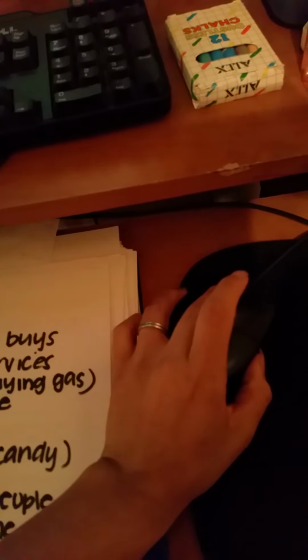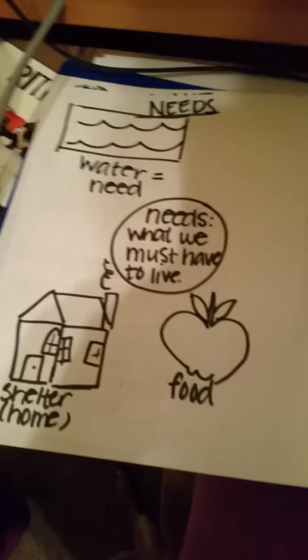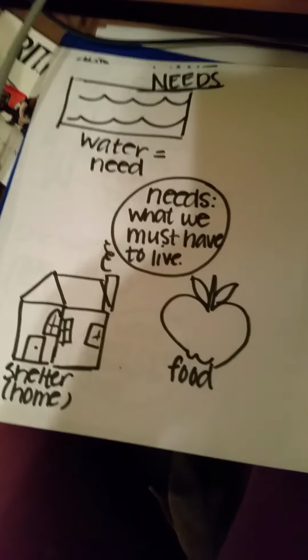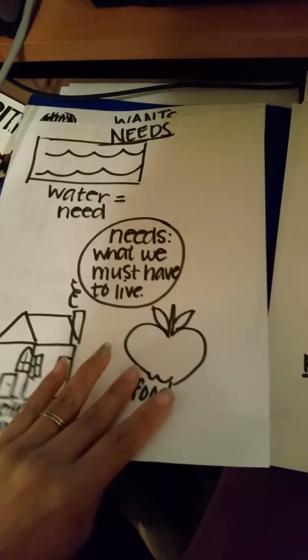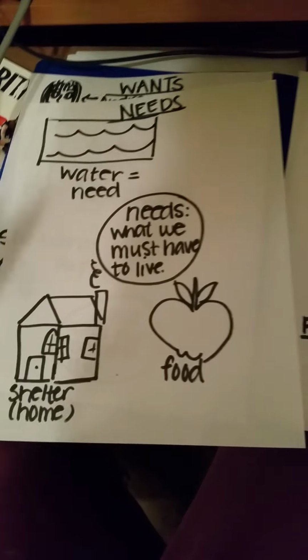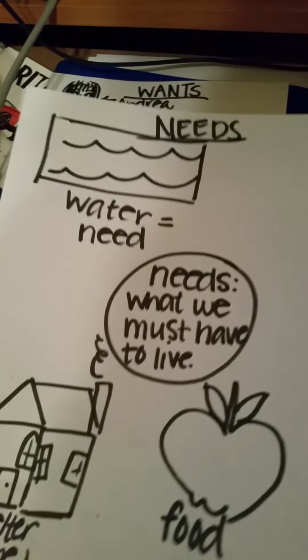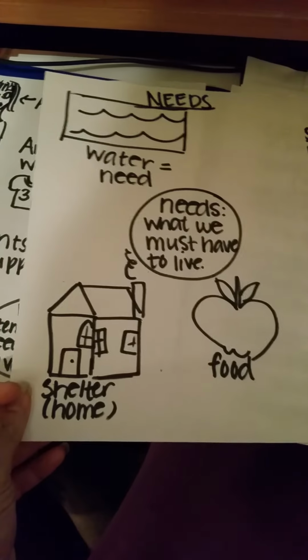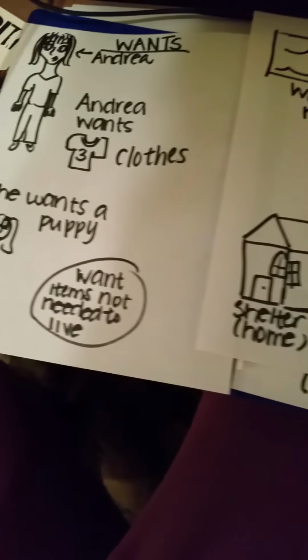From this, you understand more of what a need and a want is. Now, you guys are to create either a book or a poster board when we get to class. I will have the materials of what a need and a want is.